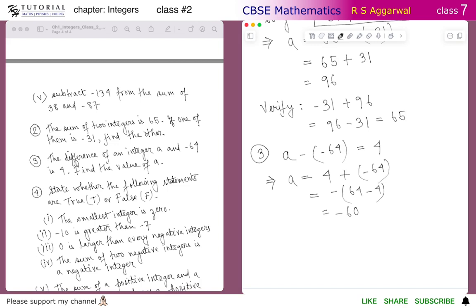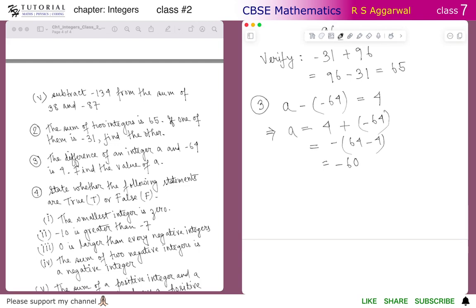Now you can quickly verify whether the answer is correct or not by seeing that the difference of integer a and minus 64 was given as 4. So we have found a as minus 60. So we quickly check if minus 60 minus minus 64 is coming to 4 or not.